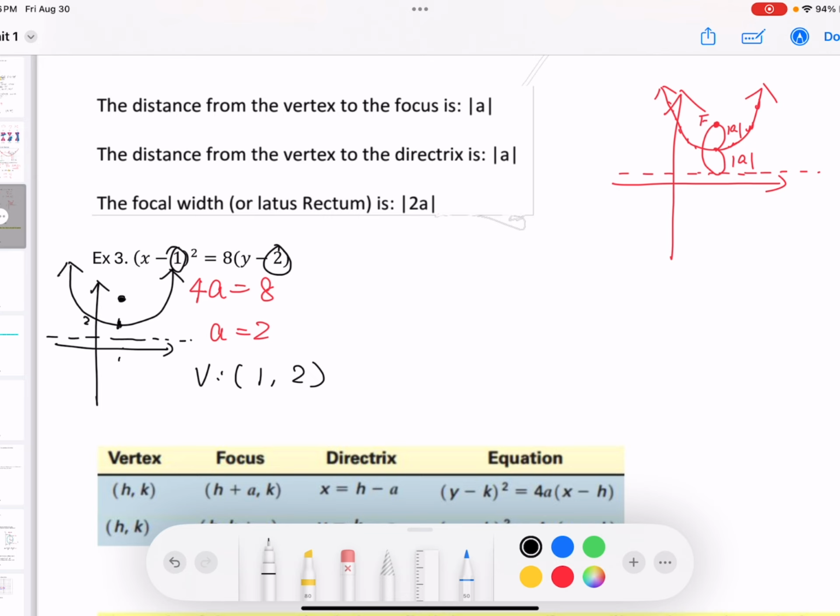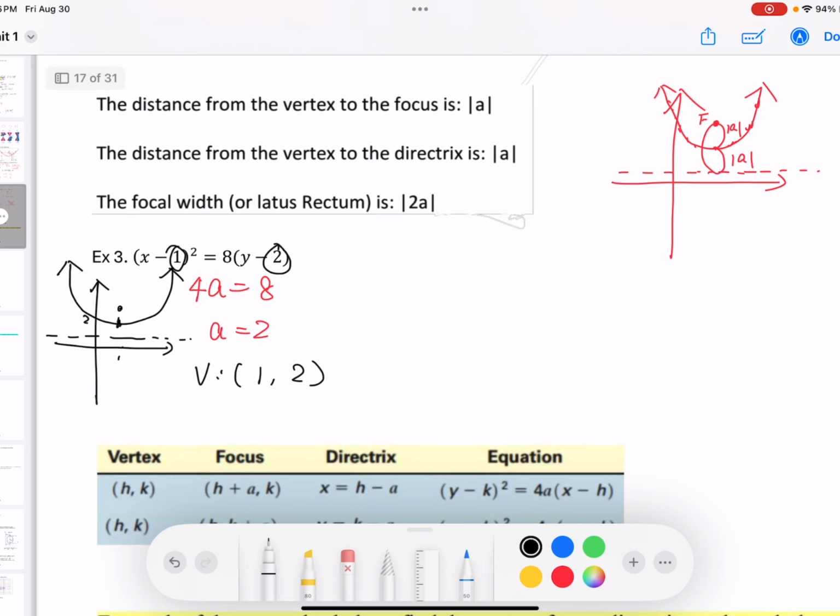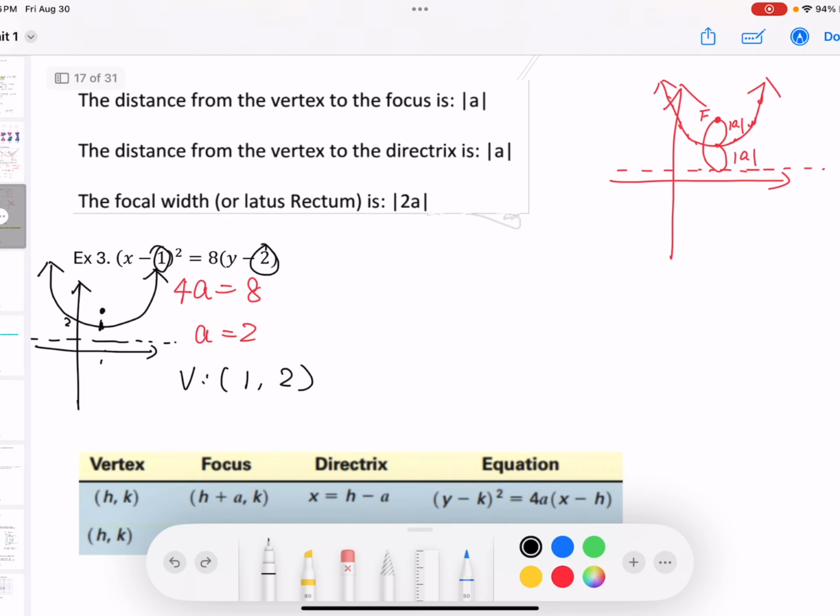Make sure that the distance from the focus to the vertex and the vertex to the directrix are equal. Okay, let's see how to find our focus and what is our directrix. The directrix is a horizontal line, which has the form y equals something. The focus has the form of a point.